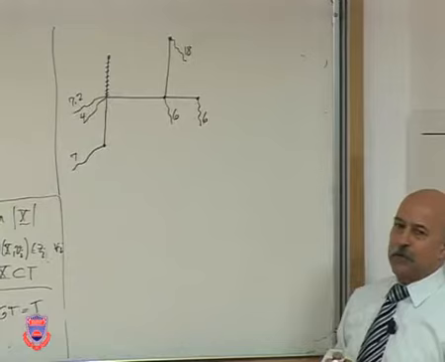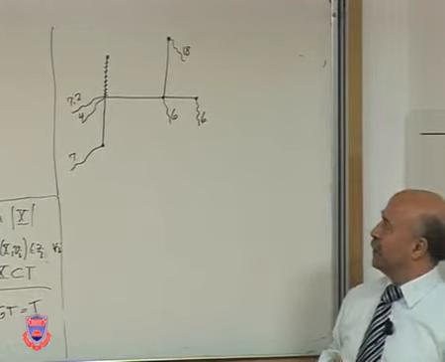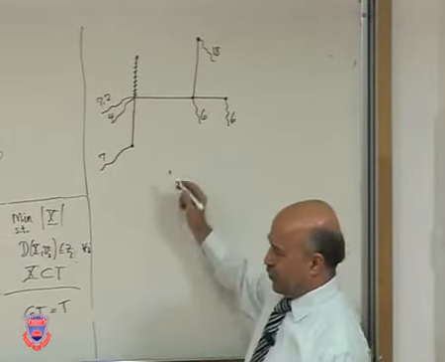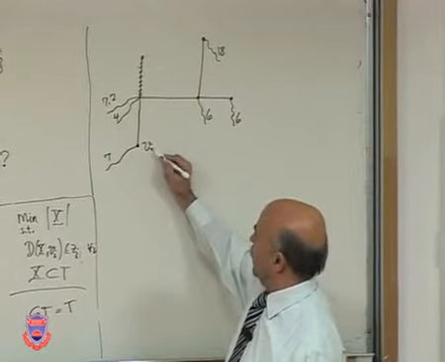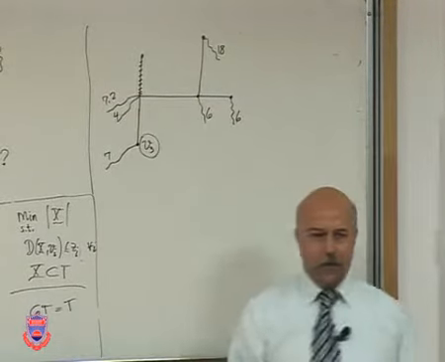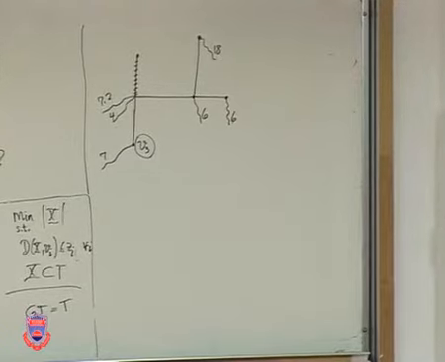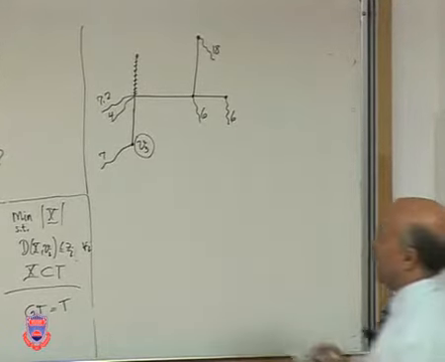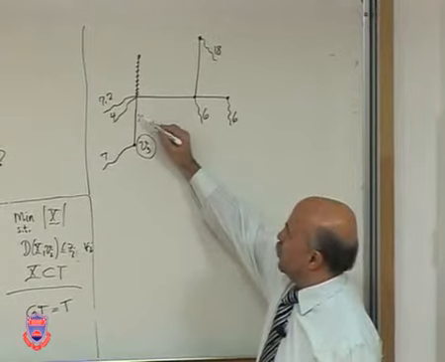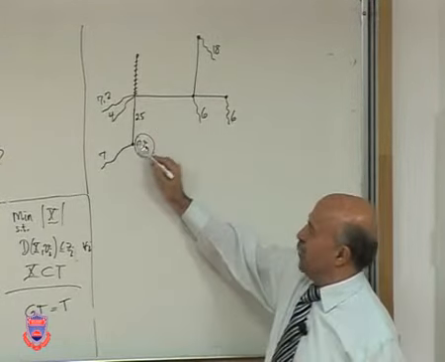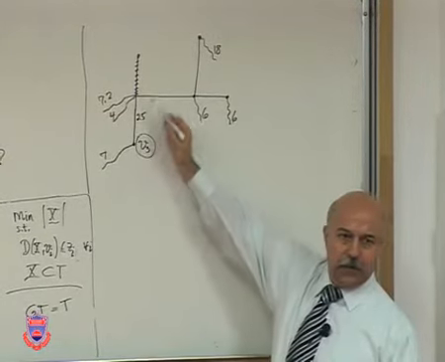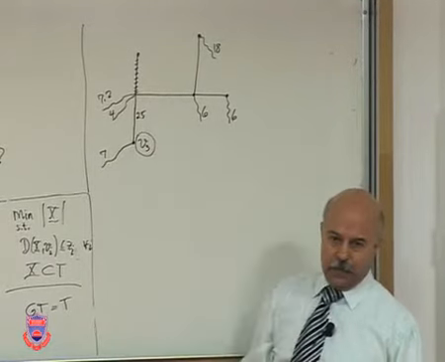Next, I choose another tip vertex. In this case, I happen to choose this one. So the ones I circle, that's the one I choose for the new iteration. Now, the length of this string is 25. So when I pull this particular string tight towards the other one, it will not reach.